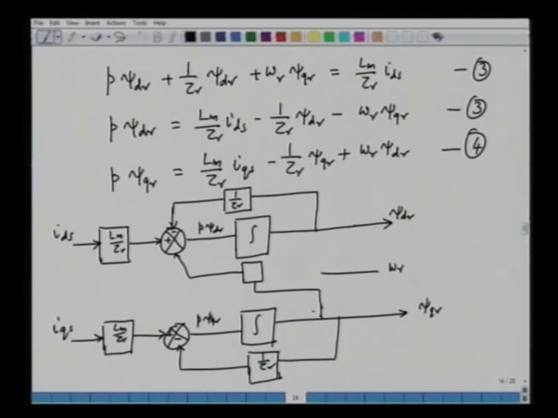So in this case we see that we have a term called omega r into psi qr. This is my omega r, and this is the psi qr. So this is omega r into psi qr. Similarly, I have another multiplier here, this will go in this case, and this is minus, and this will be plus.